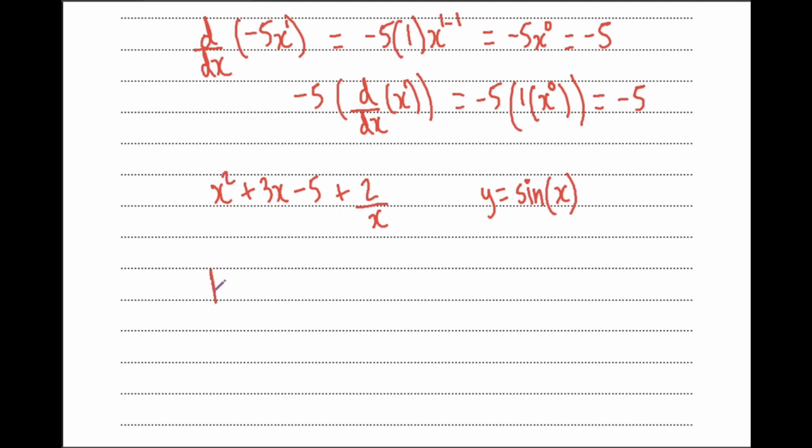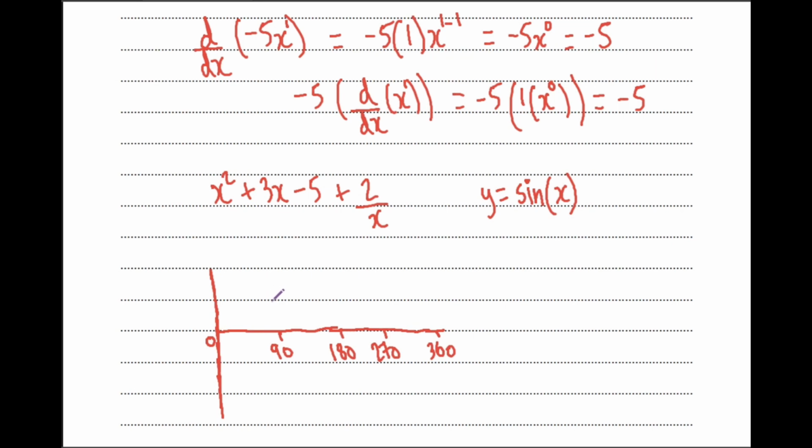So let's draw y is equal to sine of x. Let's remember what it looks like. So we have the y-axis, we have the x-axis here. And I'm going to need a few angles. I'm going to need 0, 90, 180, 270, and 360. I'm going to draw a rough sketch.